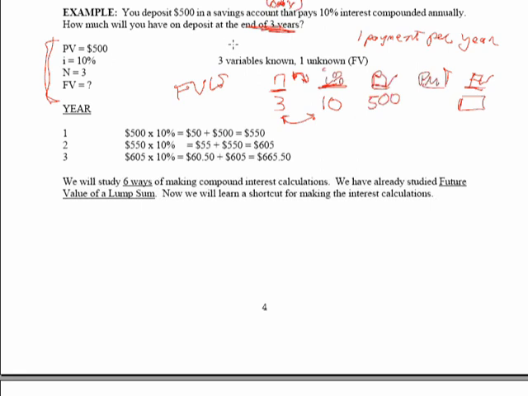Also, double check to make sure your calculator is set on end mode as opposed to begin mode. If your calculator is set on begin mode, you might see somewhere on the screen BGN or BEG. I talked about begin mode versus end mode in the calculator clip also.